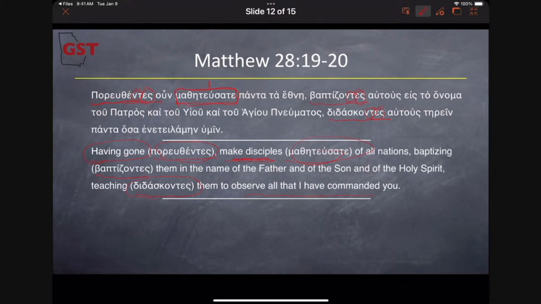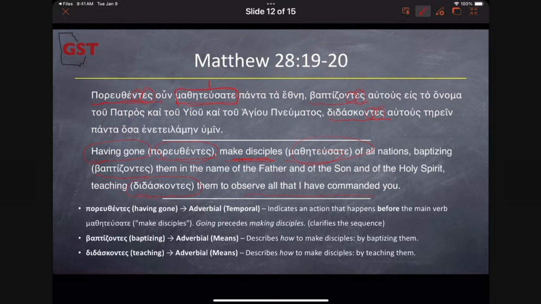And so when you look at it, let's talk about time's sake. The first one, poreuthentes, having gone, is adverbial. It's related to time because it indicates an action that happens before the main verb. Why? Because this is in the present tense.